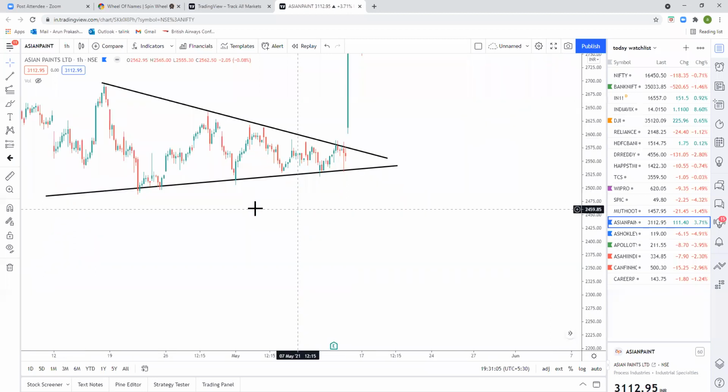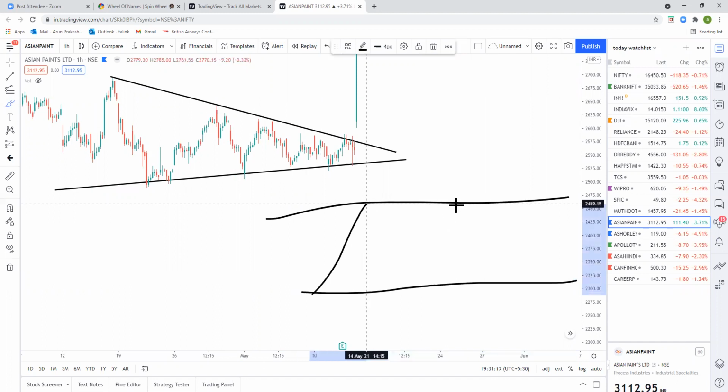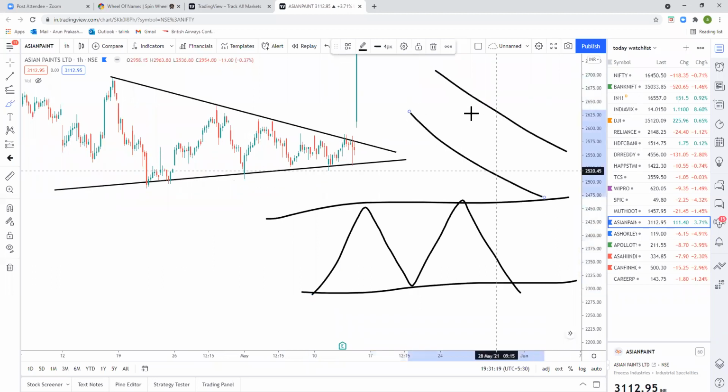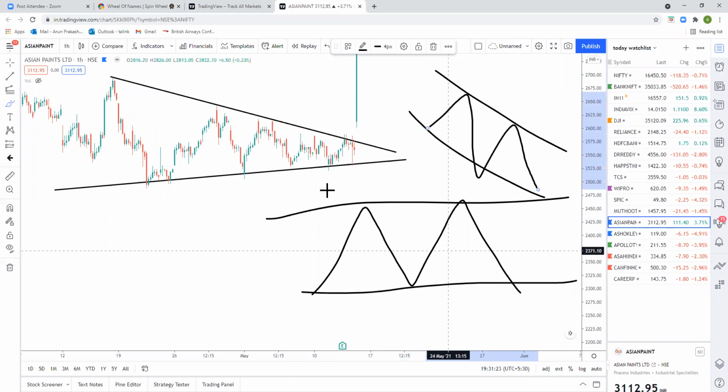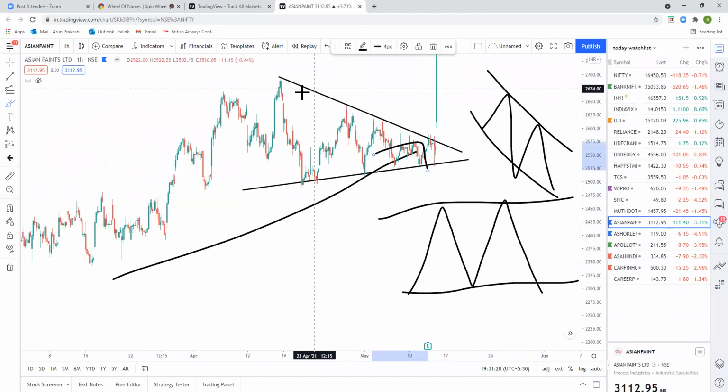See, if you have a pattern like this and a fall, say a downtrend channel, a decent fall, then you should wait for a consolidation. This is just a triangle. The major trend is still uptrend. The price is compressing and consolidating with a bullish bias.